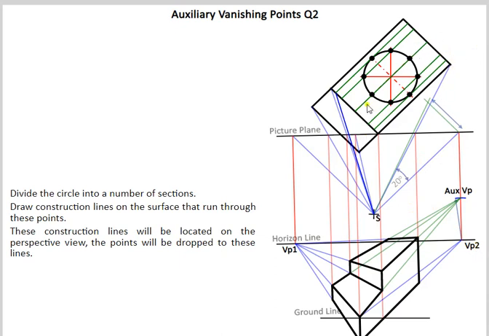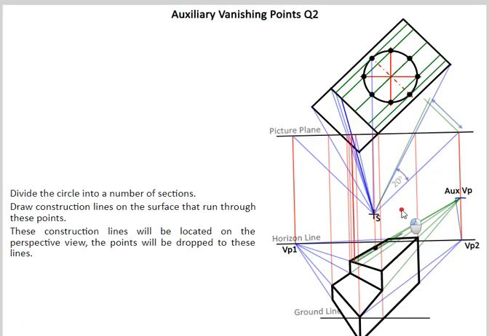Now the reason we've drawn them back to VP2 is this allows us to find each of these points. So each of these points here will be drawn on this surface here by joining it back to the auxiliary vanishing point, because each of these is sloping, and then we take this point, join the spectator, and then from this point bring it down onto this green line.